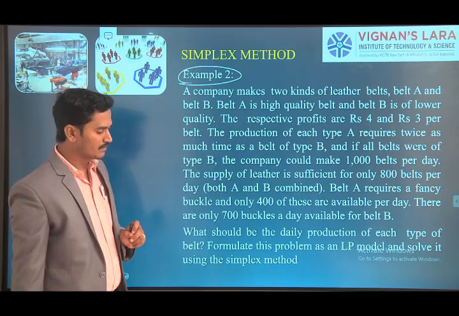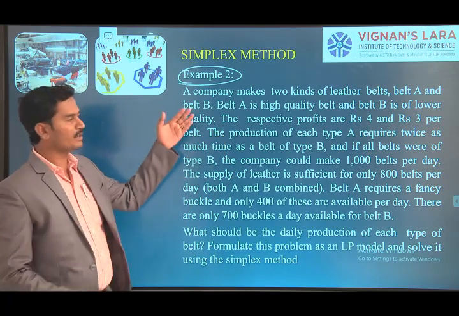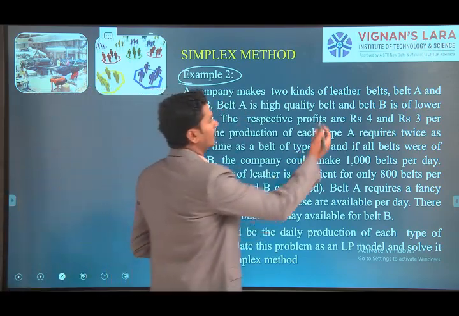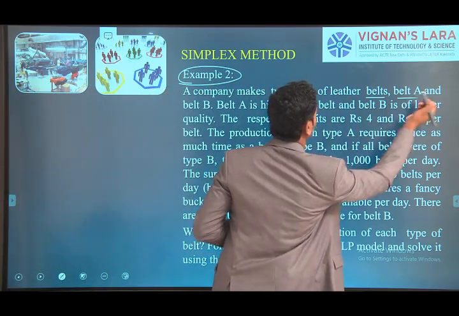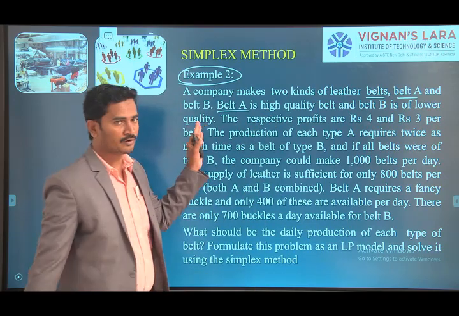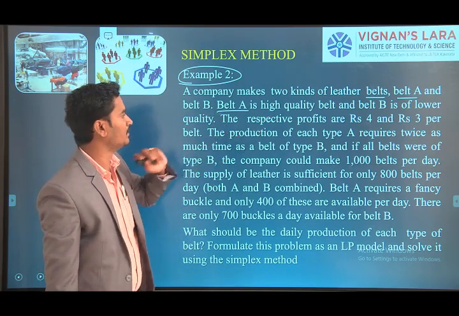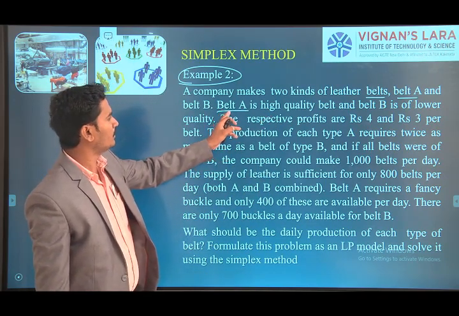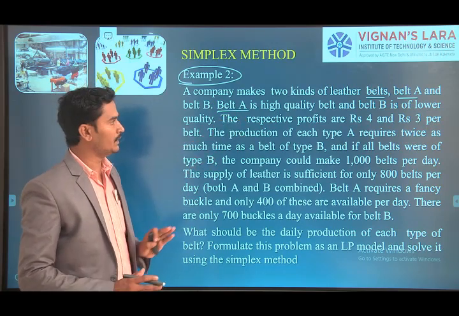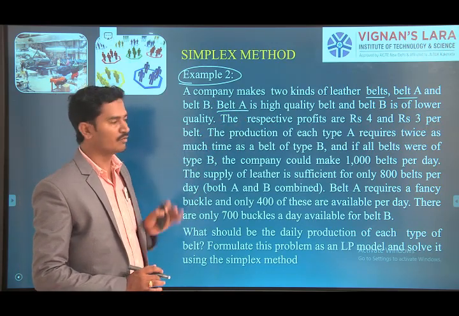Here is the example we have taken. A company makes two kinds of leather belts, belt A and belt B. Here the products are two: belt A and belt B. Belt A is a high quality belt and belt B is of lower quality.